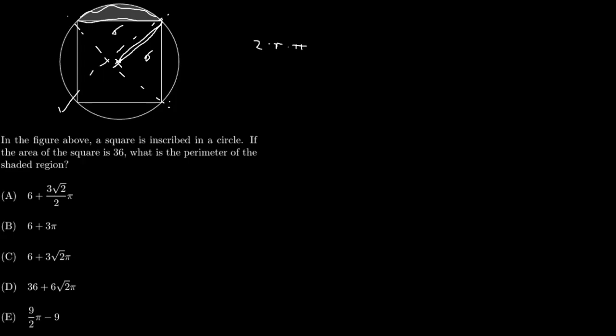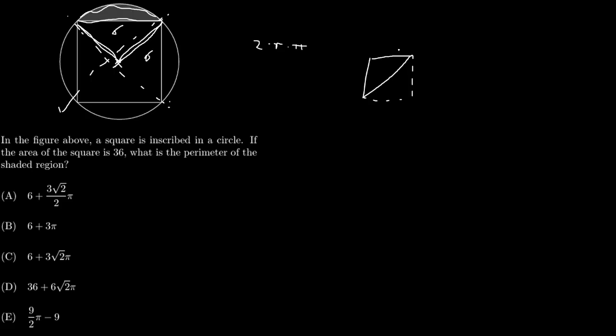It's easy to see, not so easy to prove. Maybe it would be easy to prove, but we won't prove it right now. But we see that the radius would be equal to half of the diagonal of the square.